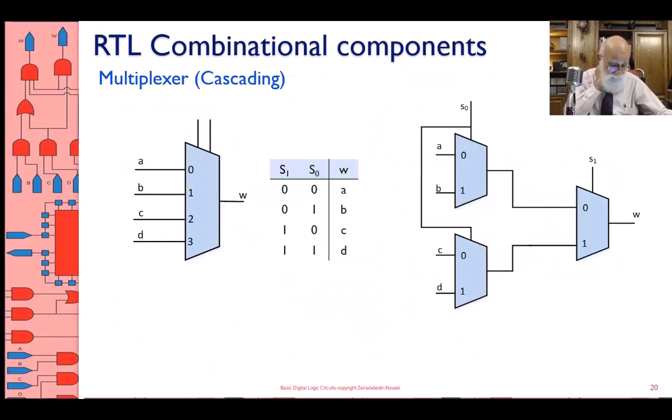We'll be seeing that. This is a 4 to 1 multiplexer, and it has S1, S0.